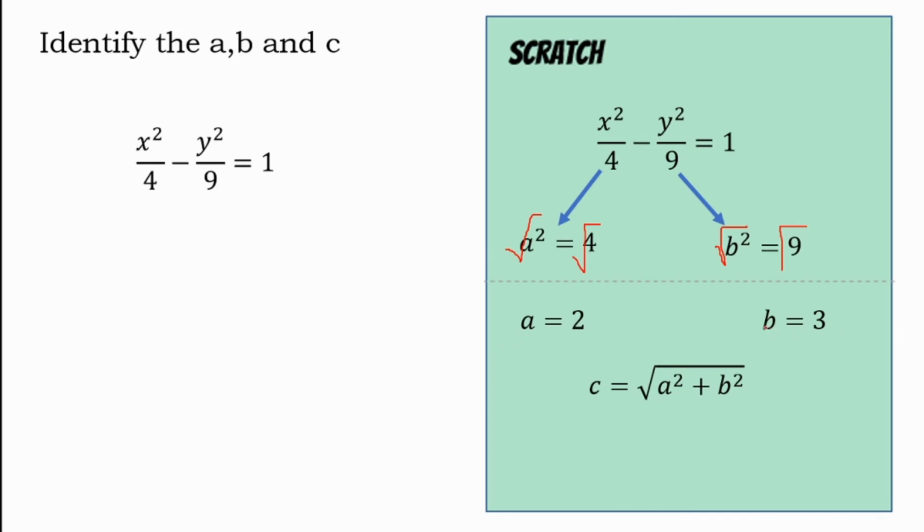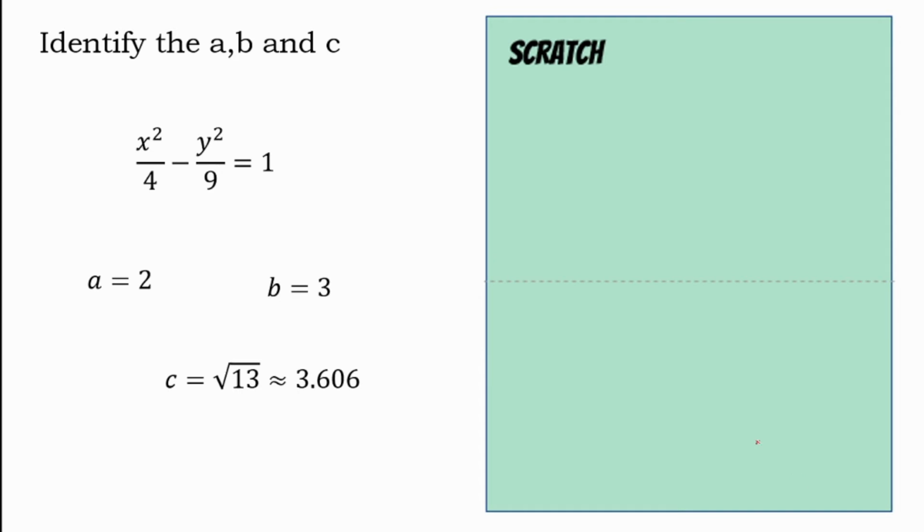To find the value for c, we're going to use the formula c equals square root of a squared plus b squared. We substitute the value of a squared, which is 4, and the value of b squared, which is 9. Then, simplify, we have square root of 13. To collect all the data, we have the following.